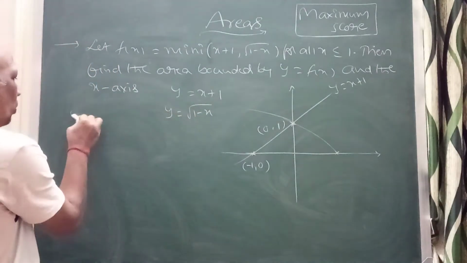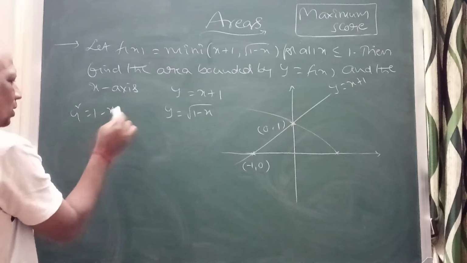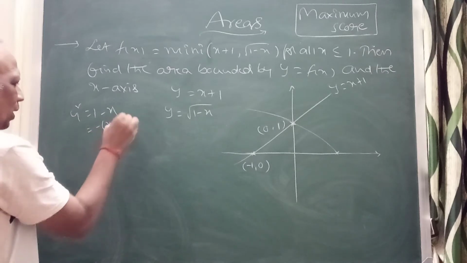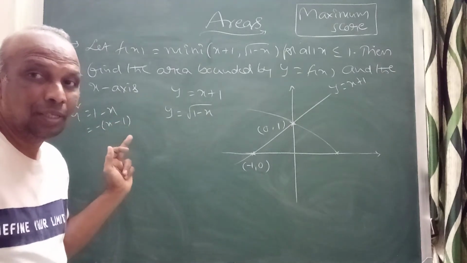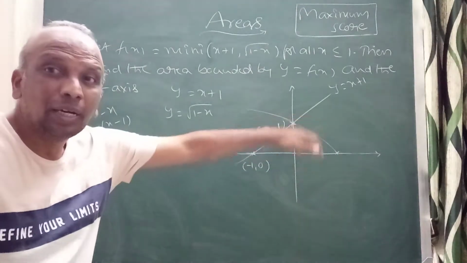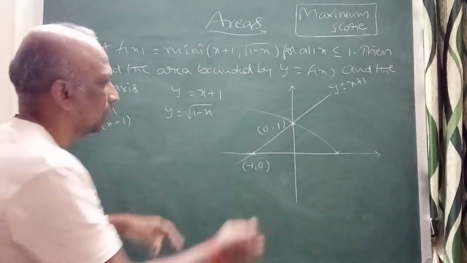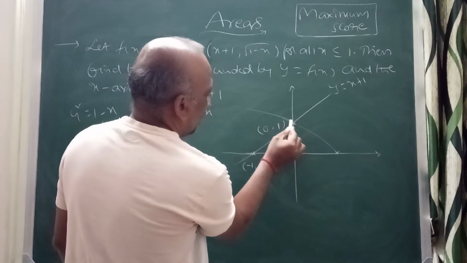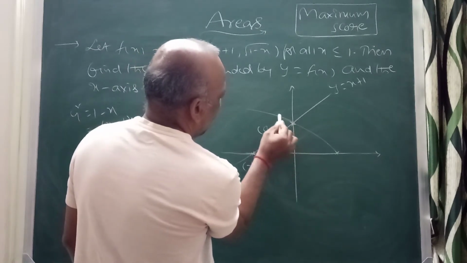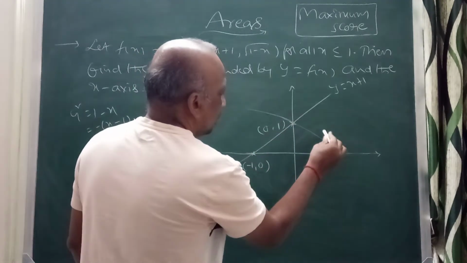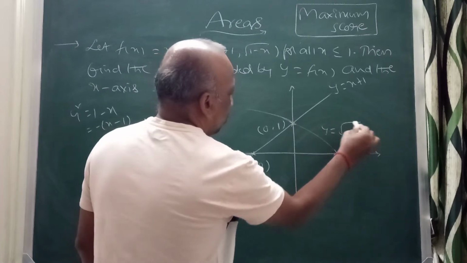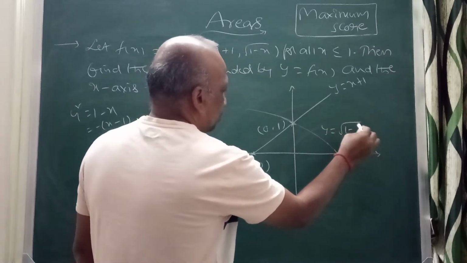Squaring on both sides, it will become y square equal to 1 minus x, so minus of (x minus 1), having the vertex 1 comma 0. It's a parabola, but we have only this part. Only this is the required part. This is y equal to root of 1 minus x.